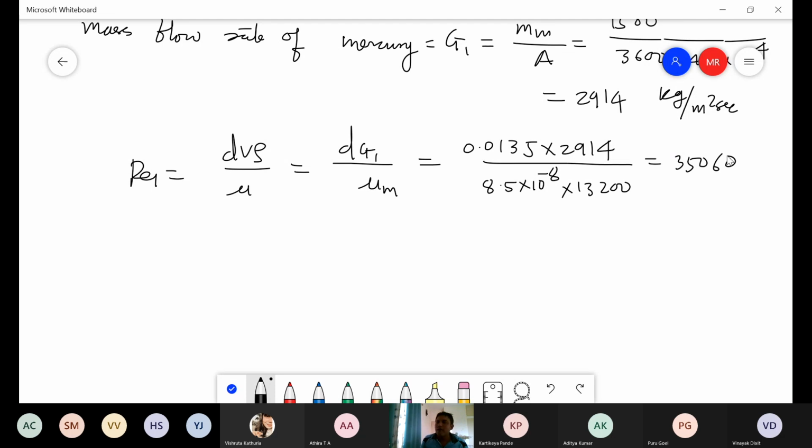Now let us calculate again whether the flow is laminar or turbulent in the annular region. For the flow through the inner pipe, the mass flow rate we have calculated easily, but for the flow through the annular region, the mass flow rate is not known.